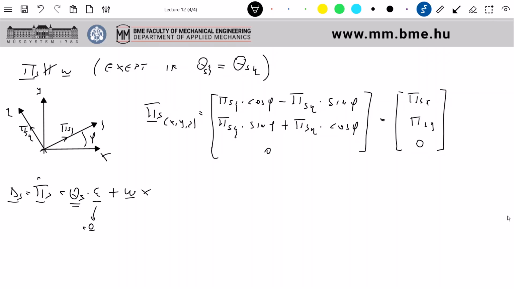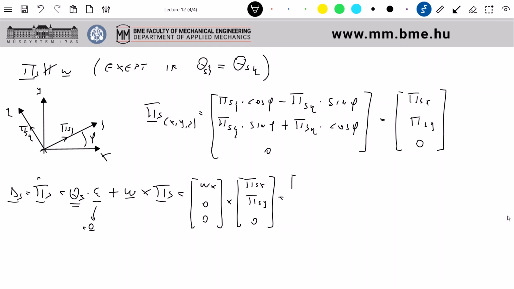omega cross product pi s. And this will give us omega x, 0, 0 cross product pi sx, pi sy, and 0.